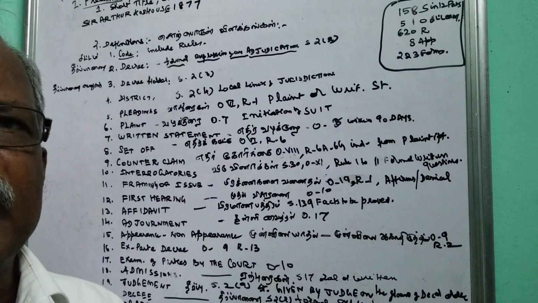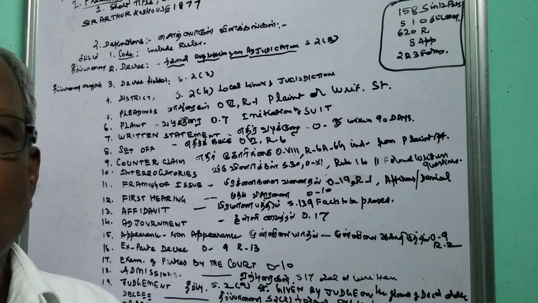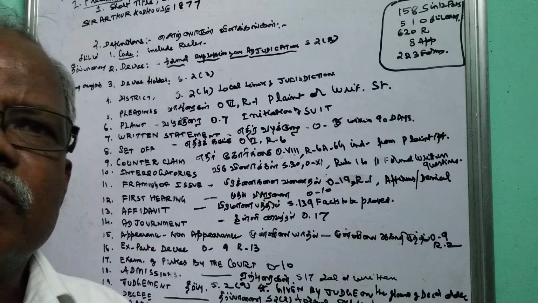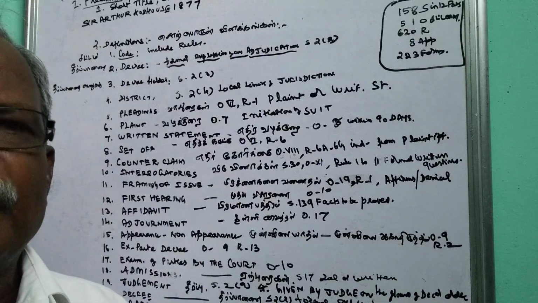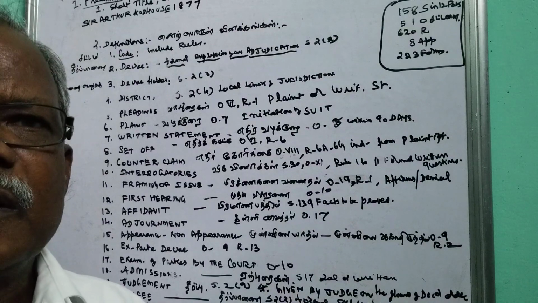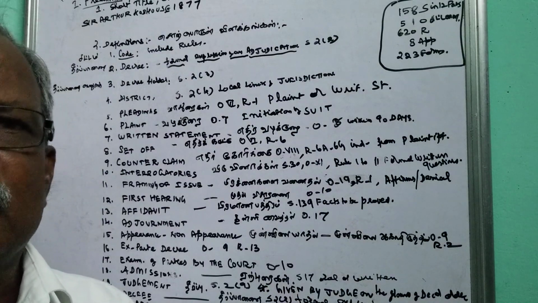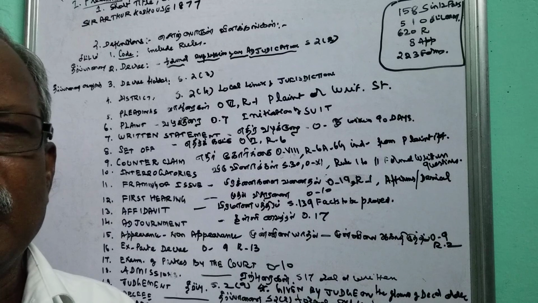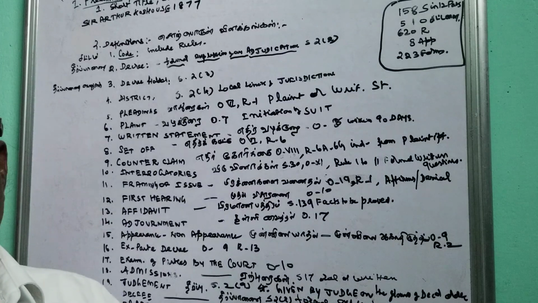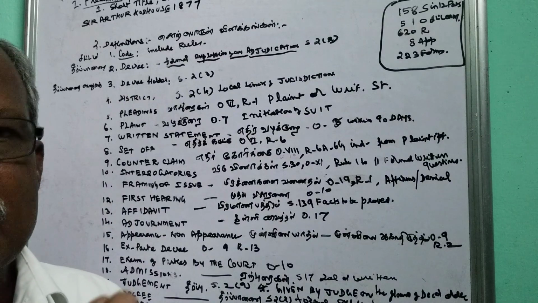If the plaintiff claims 1 lakh rupees, and the plaintiff has to give 20,000 rupees to the defendant, that is called set off. The remaining 80,000 he accepts, that is called set off.